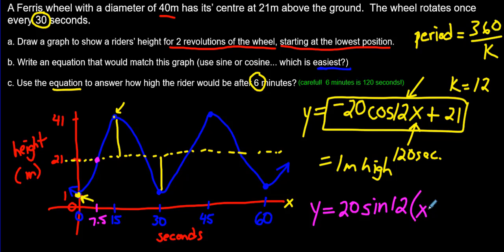Now remember, when you do the brackets, it's always the opposite of what you think. Instead of a plus 7.5, you put a minus 7.5. Those brackets always lie to us. And then on the end, the median of the curve, or the middle of the curve, or the axis of the curve is 21.